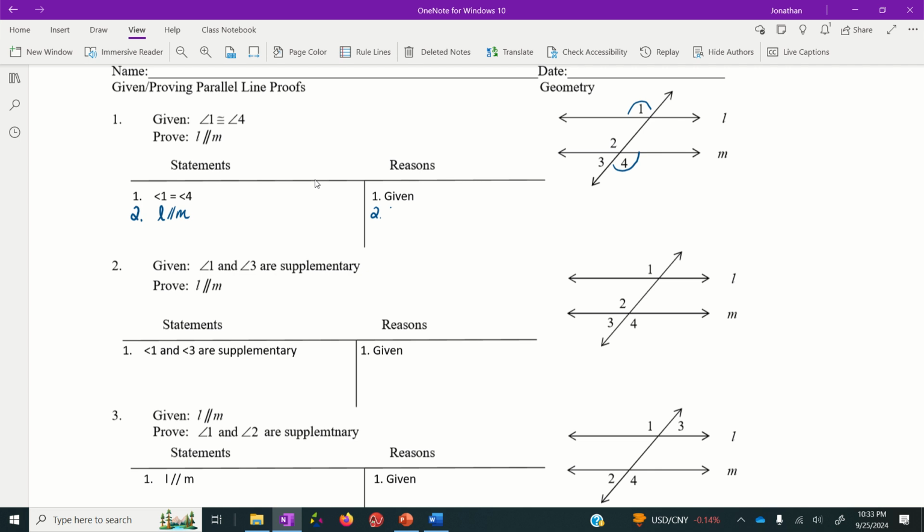So we're going to say: when alternate exterior angles are congruent, the lines cut by a transversal are parallel.